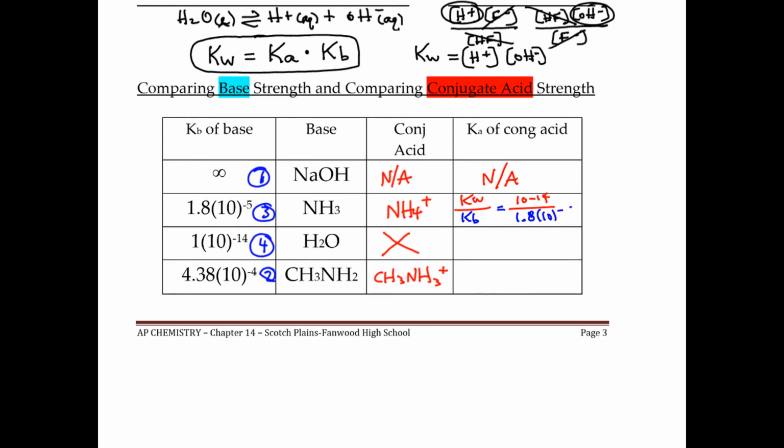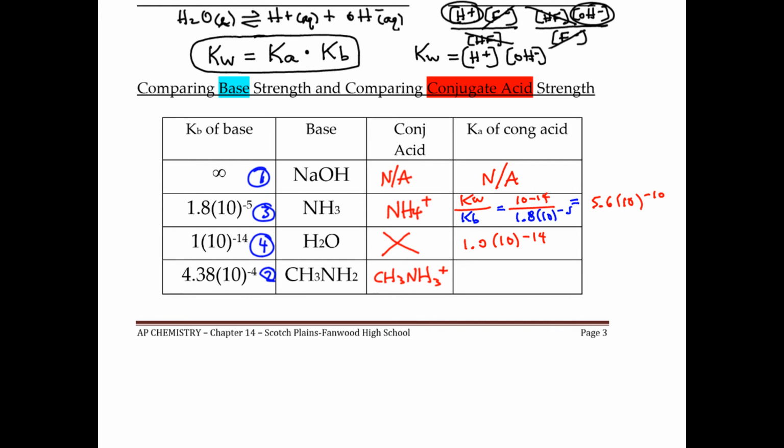And then what you're going to do is you're going to find the Ka of the conjugate acid. In this case, it's going to be 5.6 times 10 to the minus 10th. All right, next one is just going to be, remember, water is going to be 1.0 times 10 to the minus 14th.